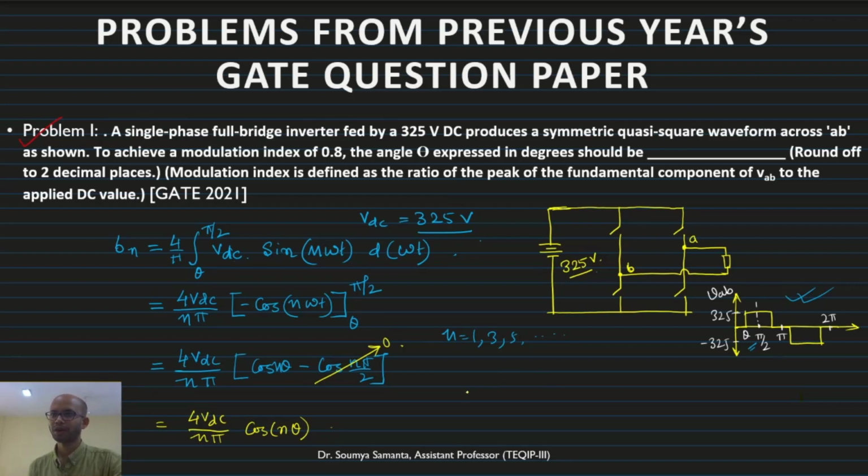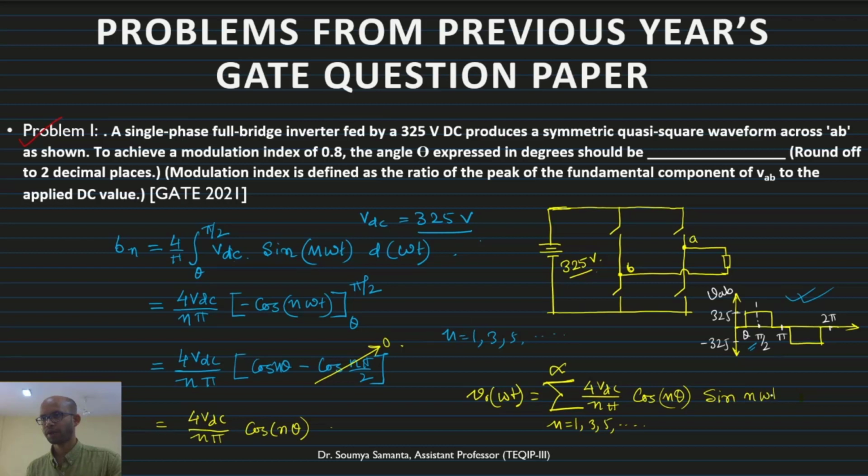Fine. So now what will be the output voltage expression? Vo of omega t will be the summation of n equals 1, 3, 5 this way till infinity, of 4 VDC by n pi, then cosine of n theta into sine of n omega t.